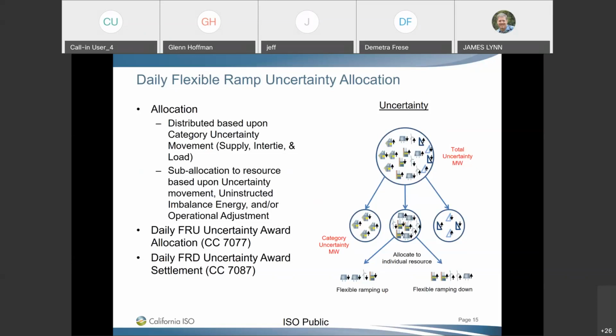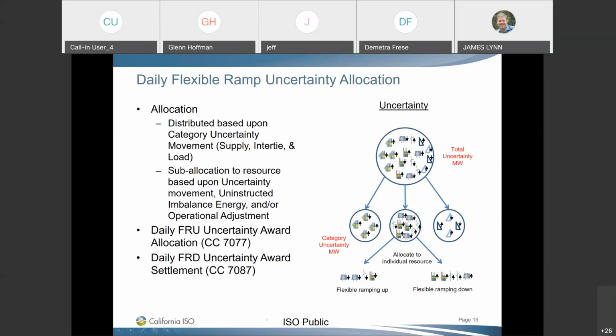If your resource was procured to resolve the EIM area flexible ramp requirement, then all the BAAs are going to share in paying for that requirement. So we will separate that flexible ramp uncertainty award payment into what is your balancing authority area and what's for EIM, and we will allocate it accordingly.